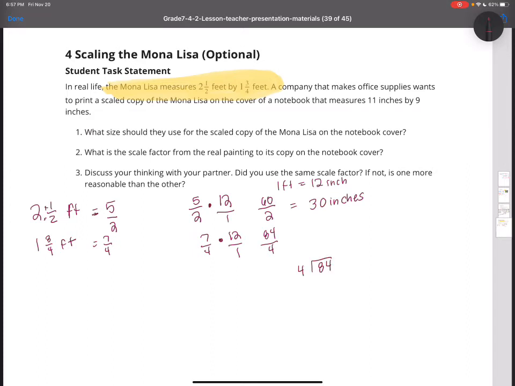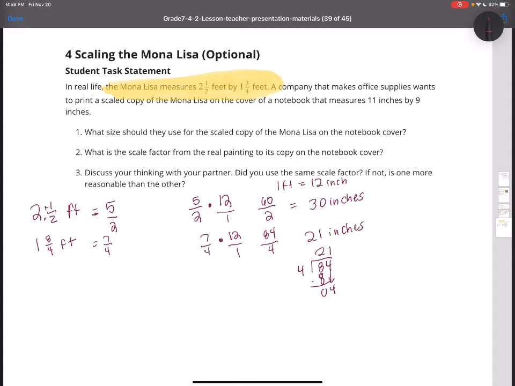How many times can 4 go into 8? 4 could go into 8 twice. How many times can 4 go into 4? If you guess 1 time, you are absolutely correct. So the actual painting is 30 inches by 21 inches.